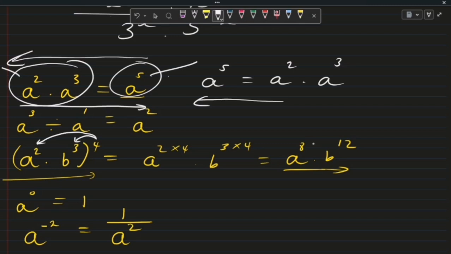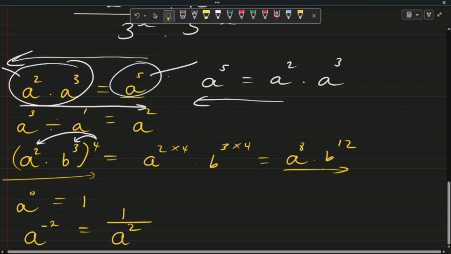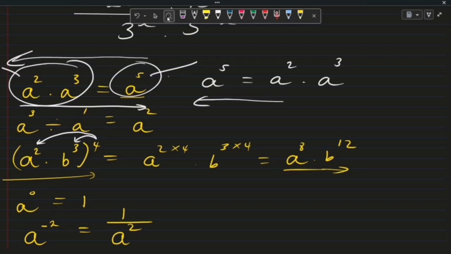And this very same principle can be applied to all the laws that I have stated here. So hopefully we have a good foundation in terms of the laws of exponents. Now we can go and apply them to our question.